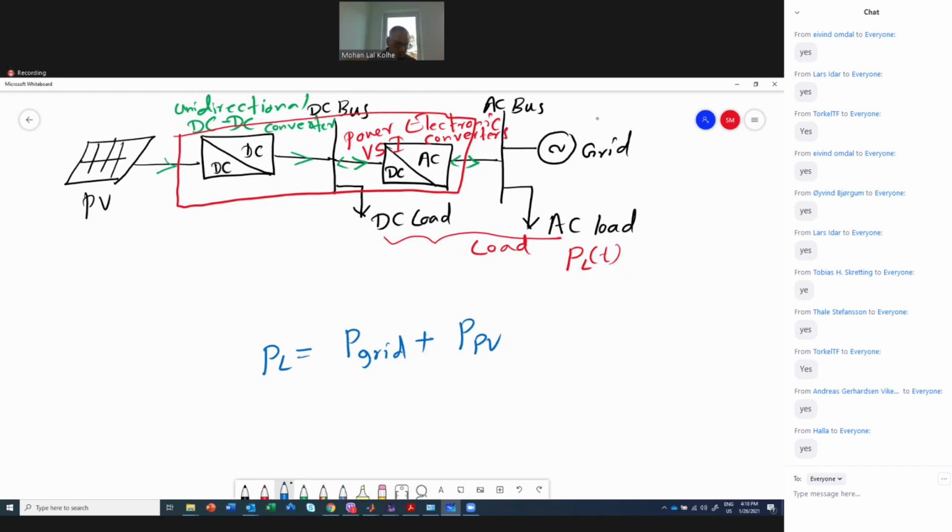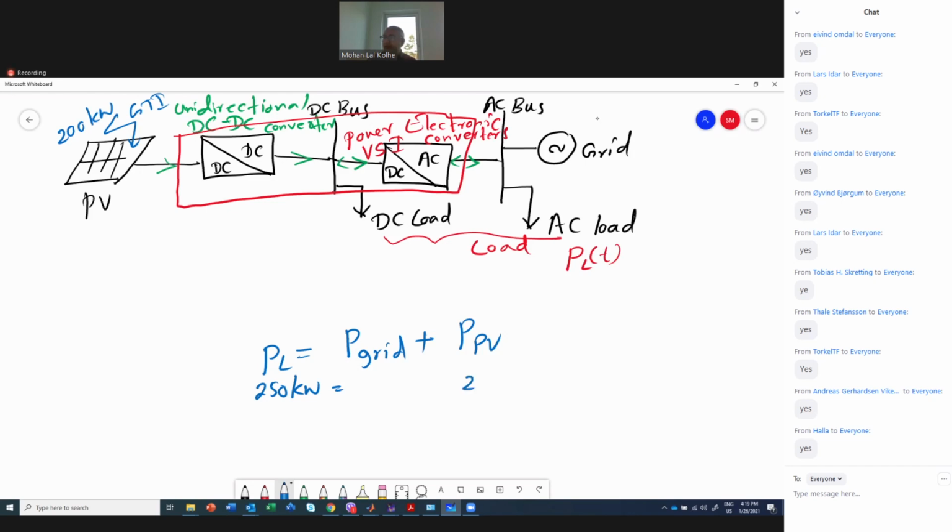If you consider the global tilted irradiance, that is the irradiance on the PV panel, consider a situation where the load power is 250 kilowatt, and the power from the PV panel is 200 kilowatt.